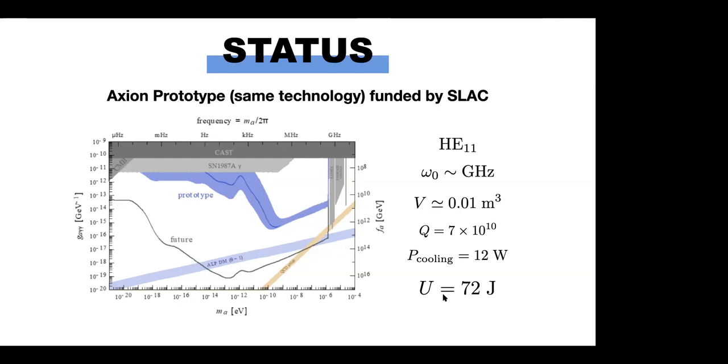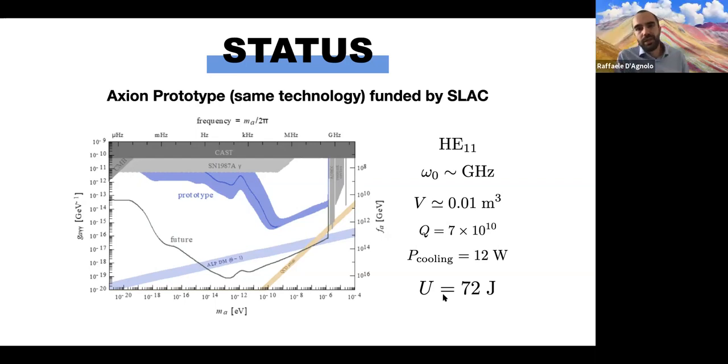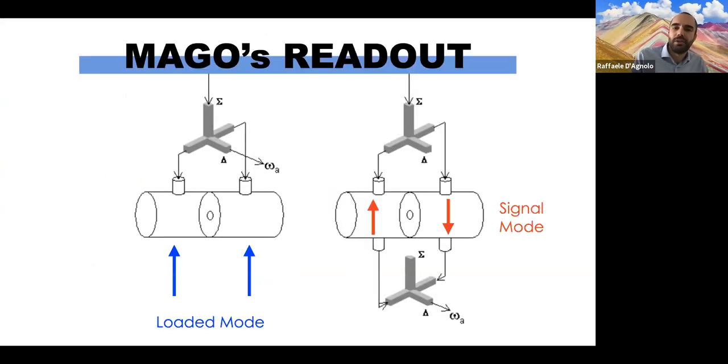Yeah. Because with such high Qs and such high power, you're likely to excite the mode if it's close, a four-wave mixing process or something. Yeah, so this is what I was talking about in terms of non-linearities. So we've already done some preliminary tests, and it seems fine. Indeed, so as you were saying, MAGO has this kind of setup with roughly two cavities glued together with something in the middle.